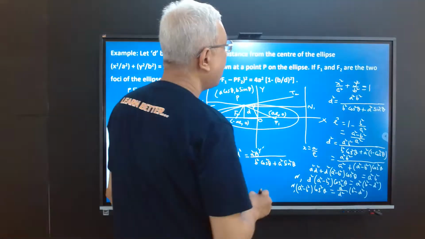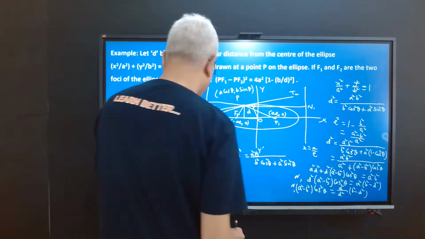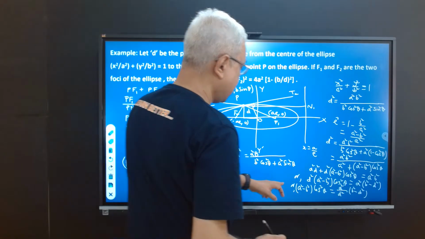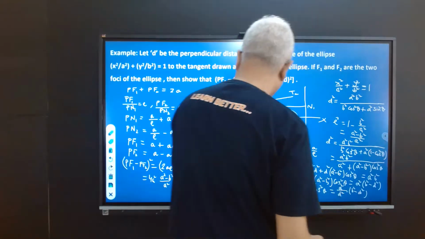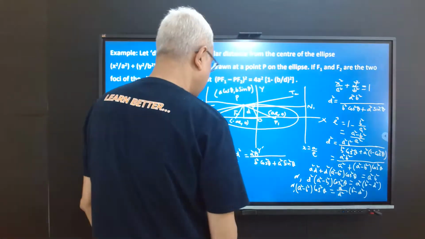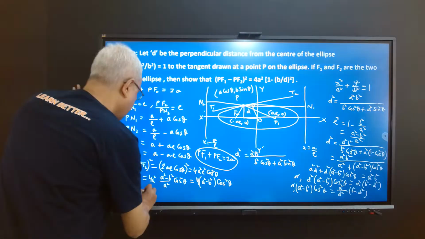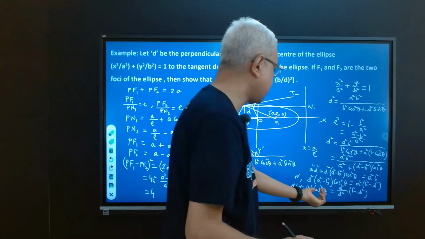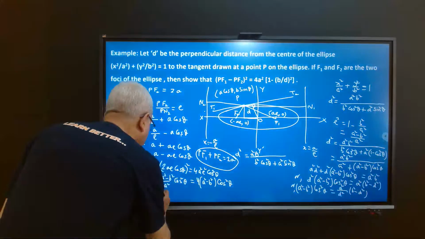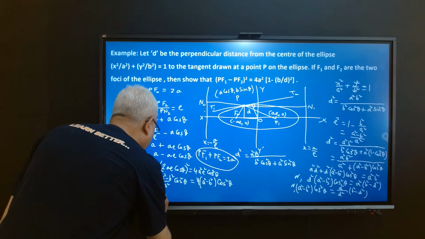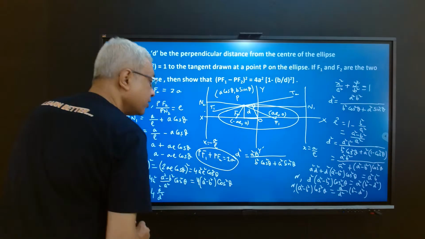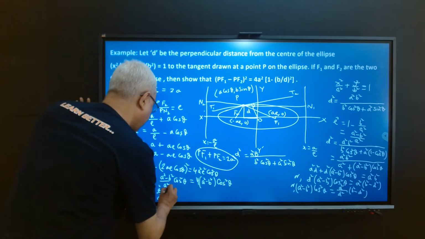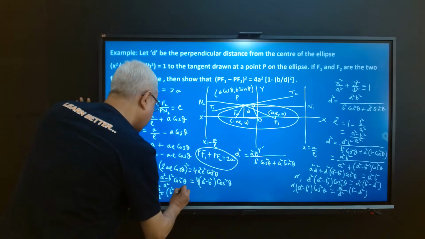So I have found this much. So I can write this as 4 times (a square minus b square) cos square theta.